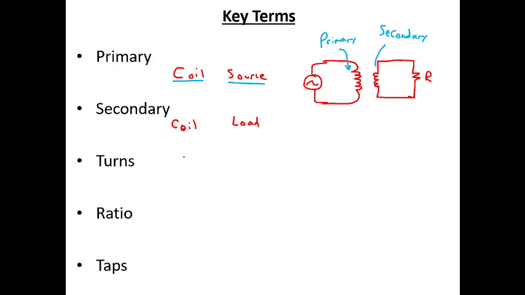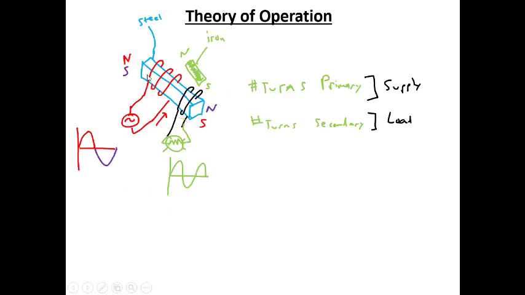The next thing that we have are turns. When we make a primary coil, we make it by wrapping wire around a block. So here in my first example, these are the turns. This one is a very simple example. It only has, looks like, 3 turns in the primary, and then 2 turns in the secondary.